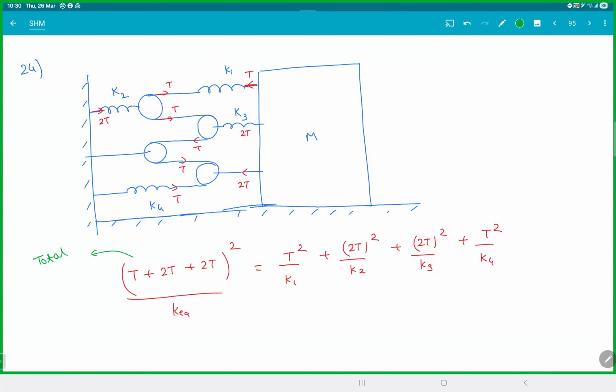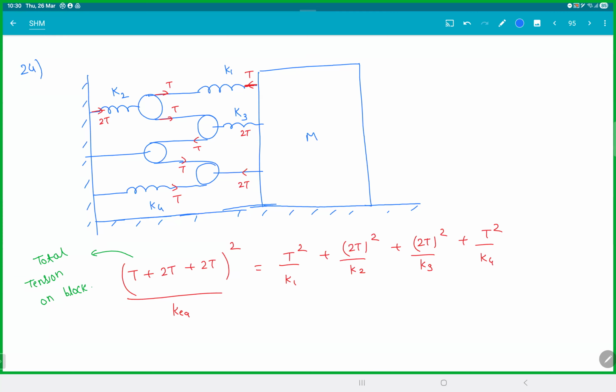See, that's what I'm saying. You can take T anywhere you want because the T is anyway going to get cancelled. And then you're done. You'll get K equivalent from there and you can solve. All clear with this? There you can see the different springs, how it is playing around.